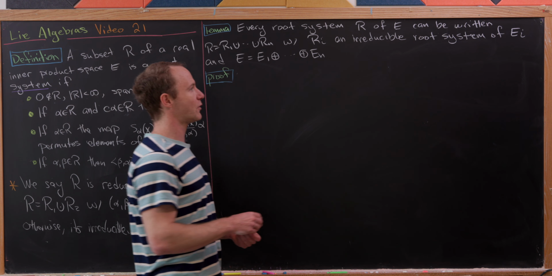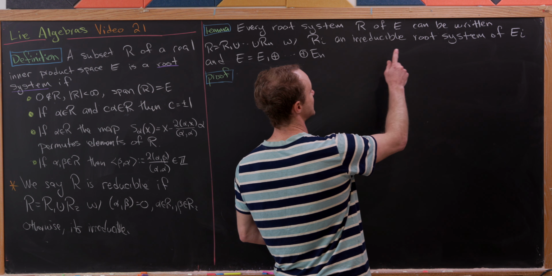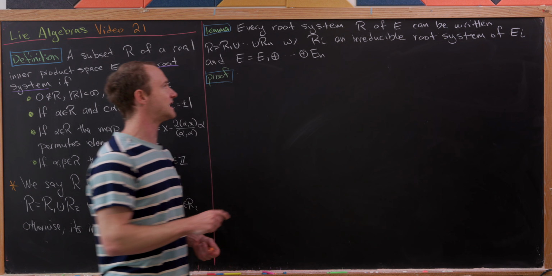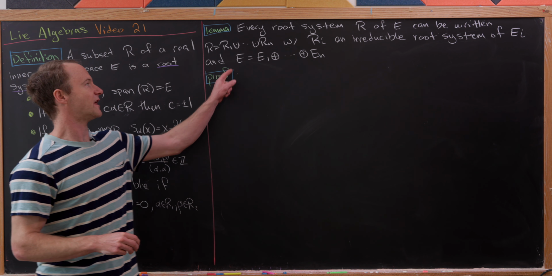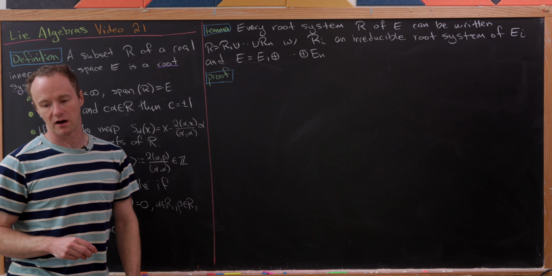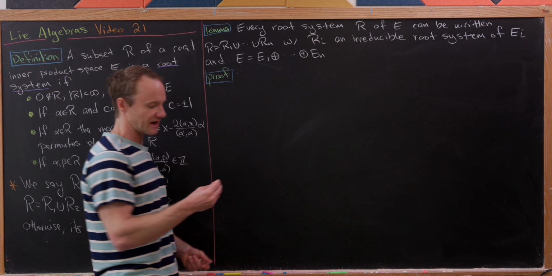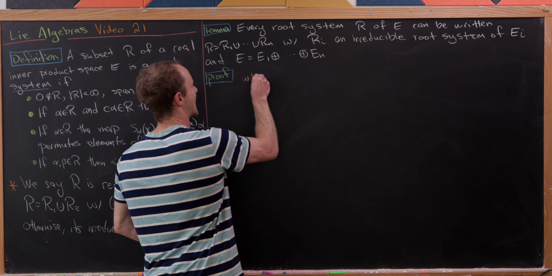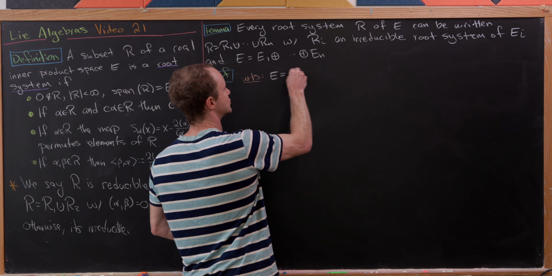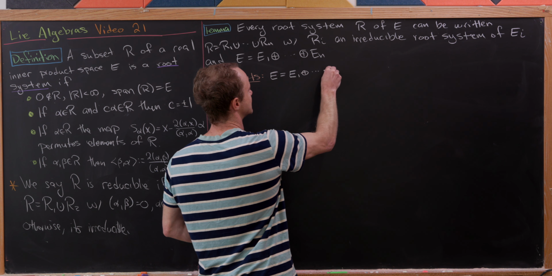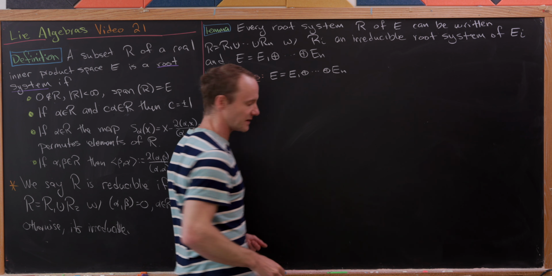Okay, so next what we need to show is that these inner product spaces E_i, built out of these R_i, direct sum to our original inner product space. In other words, the last thing we need to show is that E is equal to E_1 direct sum E_2, all the way up to direct sum E_n.